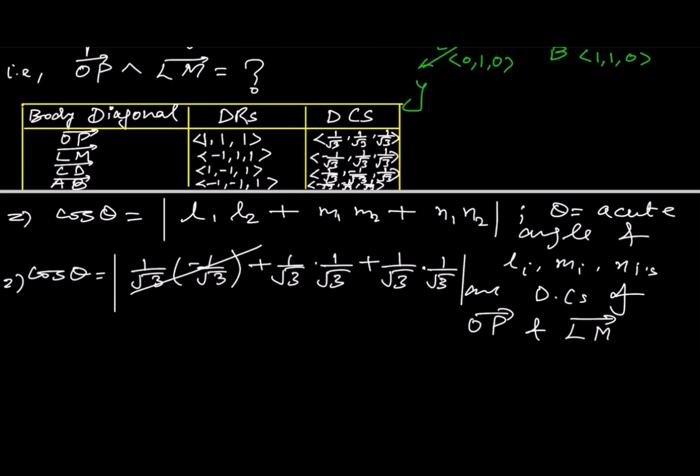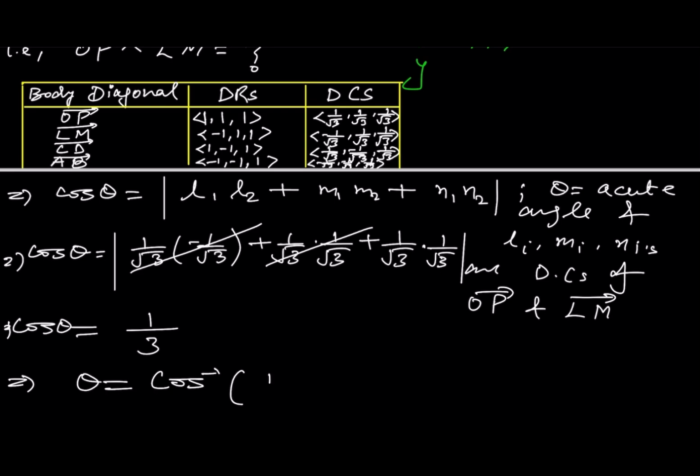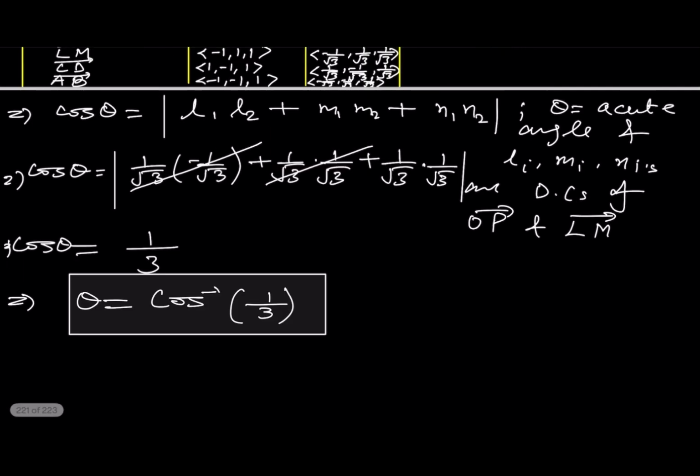This thing will be cancelled and this is 1 by 3, which is cos theta. So theta will be cos inverse 1 by 3. This is the angle, and it is very important.